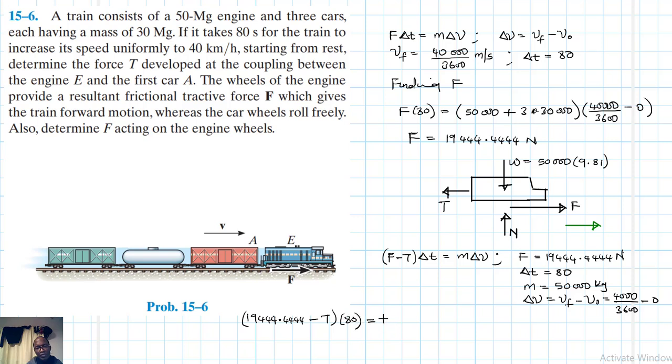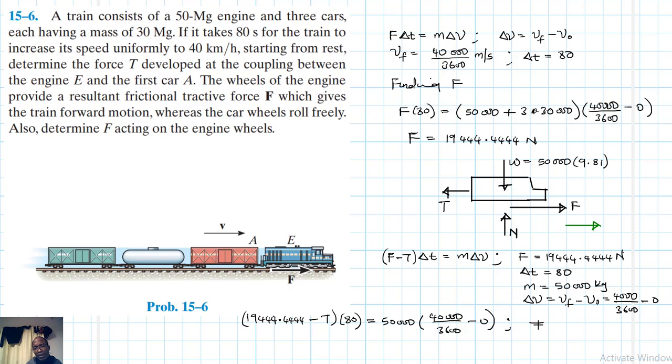This is equal to the mass, 50,000, the head alone, times delta v, which is 40,000 divided by 3,600 minus 0.